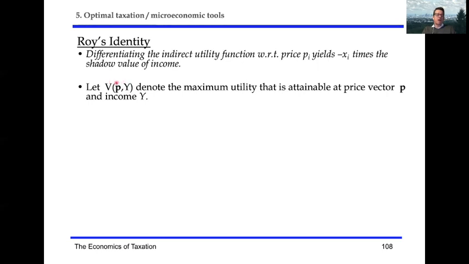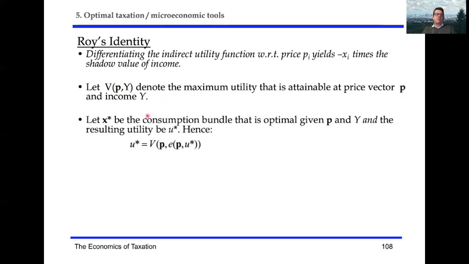So for that reason, prices and income show up in such an indirect utility function, not because we are interested in prices in themselves, but because they change the budget constraints. And this is why an indirect utility function has prices and income included.